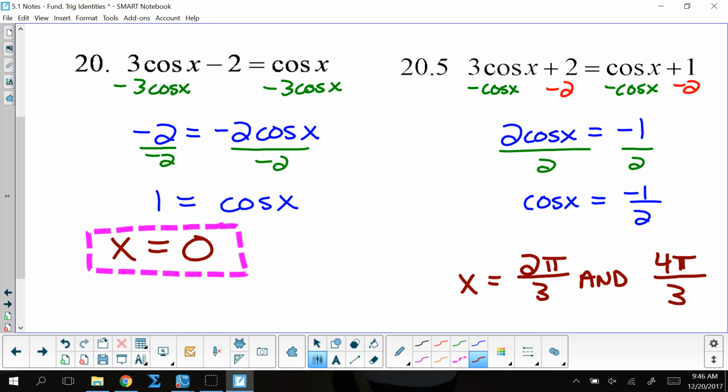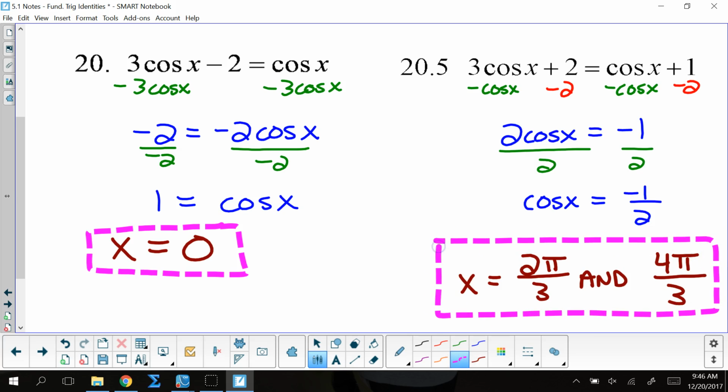No. That's just with inverse functions. If you're solving, it's on the full lap of the unit circle, not including 2 pi. So only use 0, but it means the same.